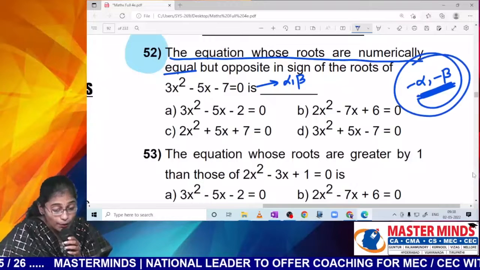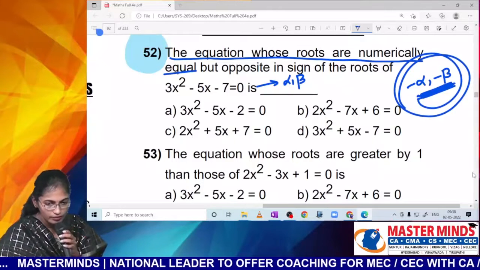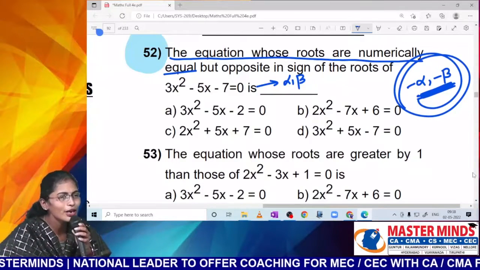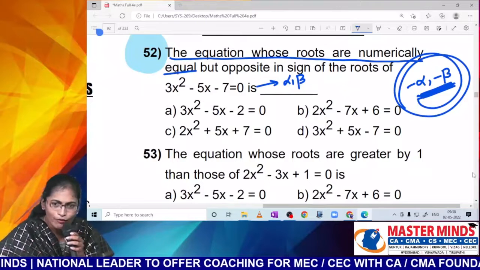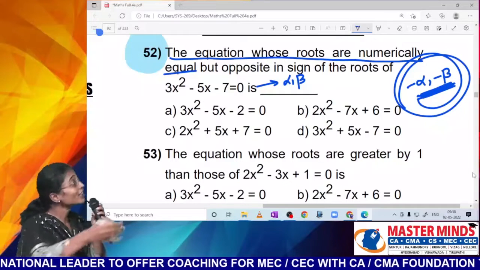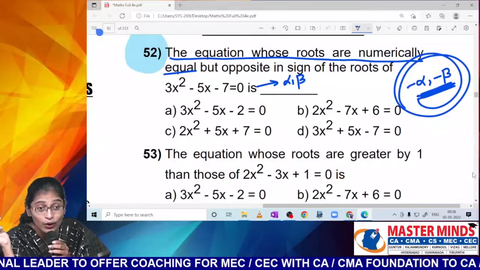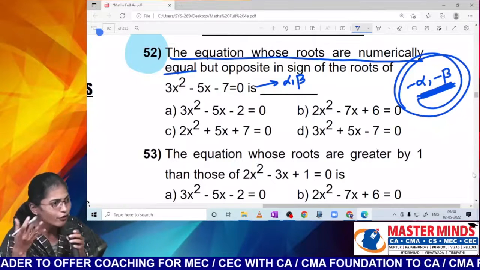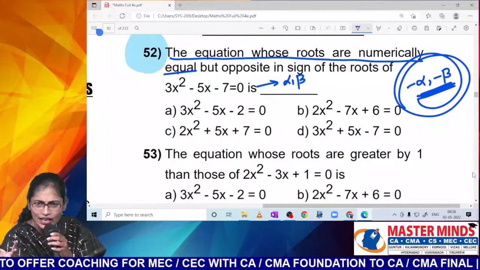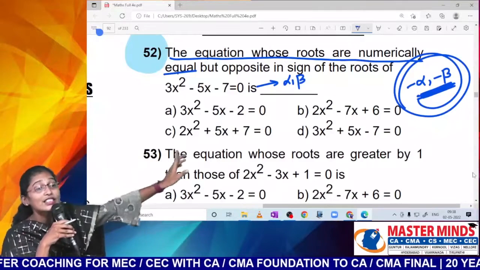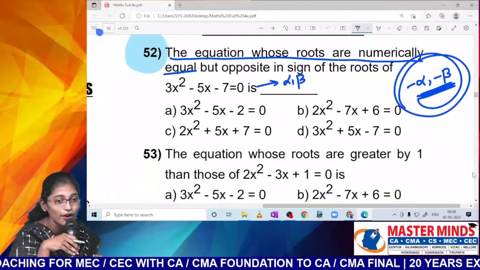Am I correct or not? May I know what is the product of roots? Just multiply both the numbers. Alpha beta only, right? What is the product of roots of the old equation? Alpha into beta is nothing but alpha beta. Are you getting the same product for both the equations or a different product?